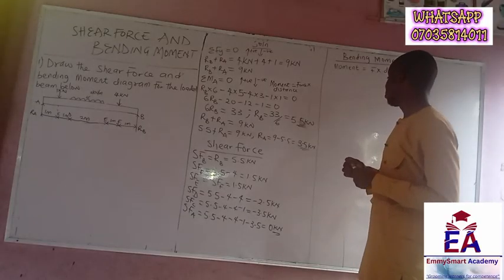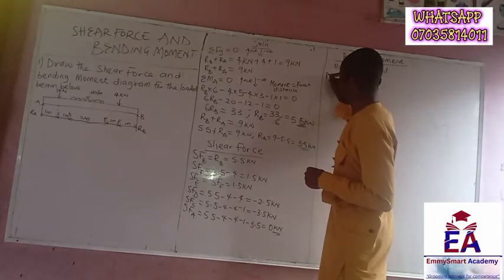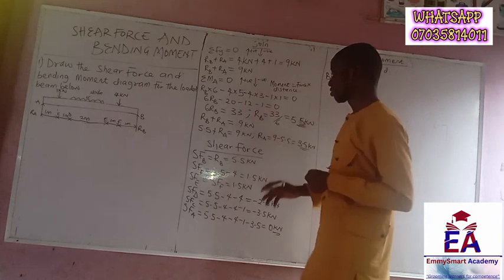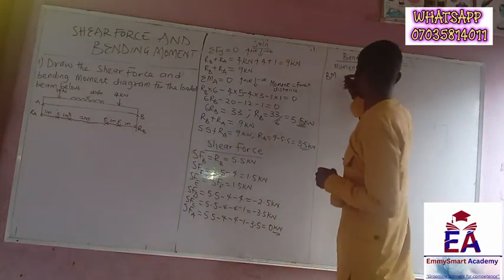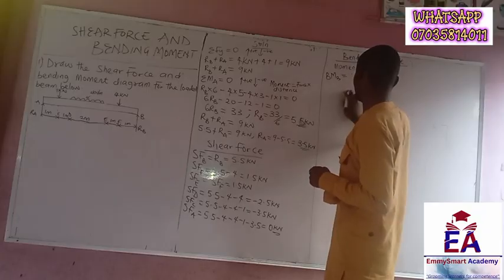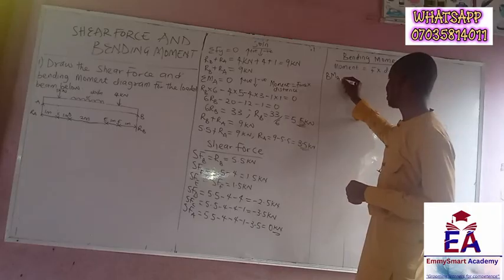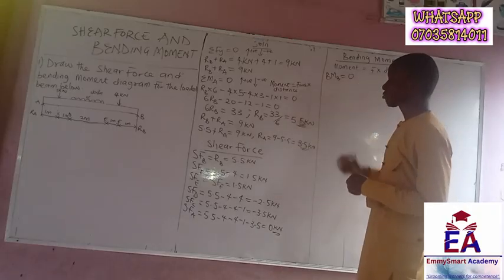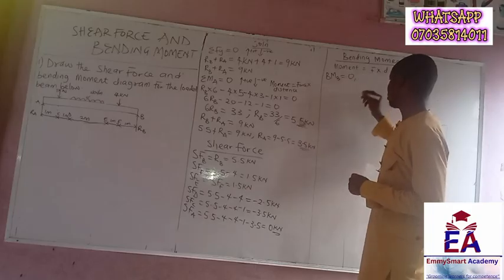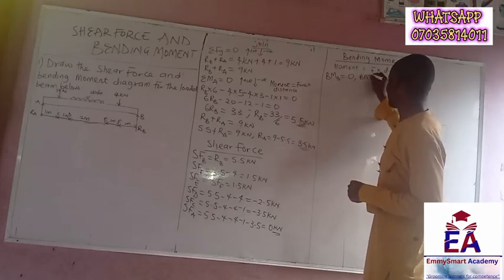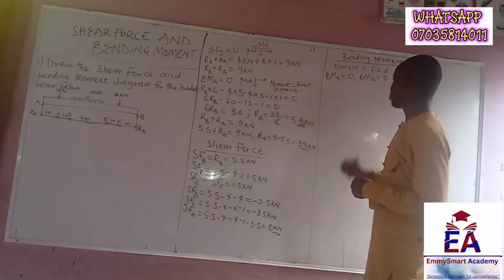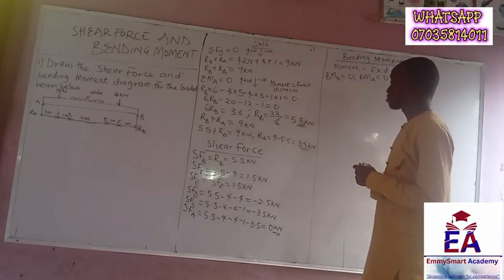So we said the bending moment at B will be, take note that the bending moment at each end is equal to 0. So bending moment at B and bending moment at A is equal to 0 kilonewton meter.